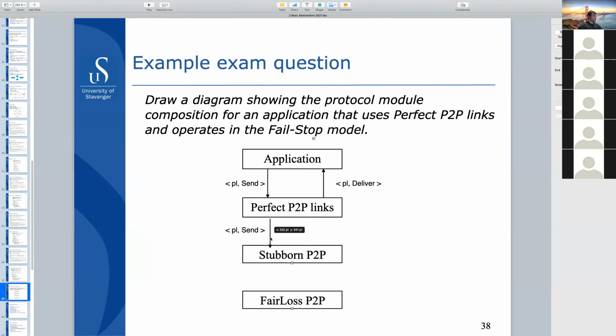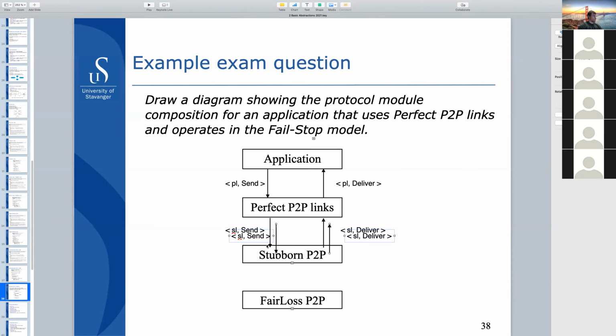Then put the line, do the same thing for the deliver. And write the module name, which is abbreviated just to SL. And you can already guess what we will do for the fair loss.